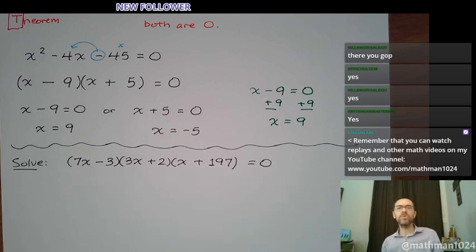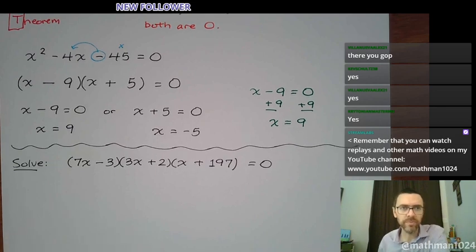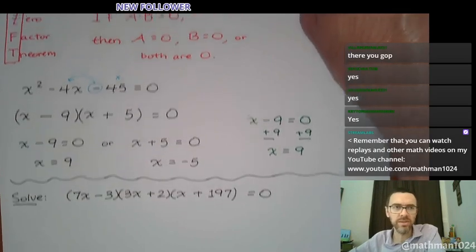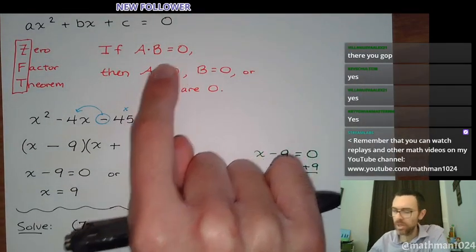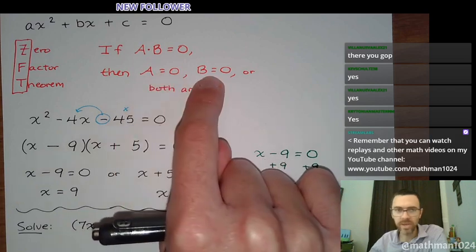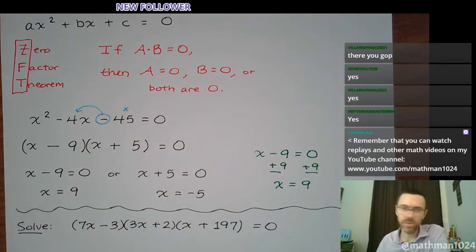There's no sense in trying to multiply everything out; it's going to be gross and big and nasty. Instead, think about what the zero factor theorem says. If you have a product that's equal to 0, then one of those factors has to be 0, or they're all 0.